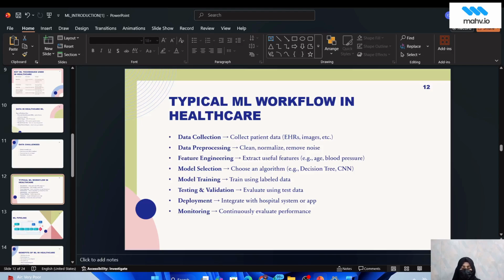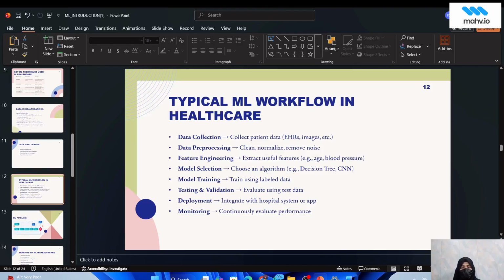And after that, there is feature engineering. Feature engineering basically means extraction of useful features. So it is very important. You have to extract those features that have some importance, like age and blood pressure in a heart attack scenario. These are very important factors. So features are basically columns in your data.